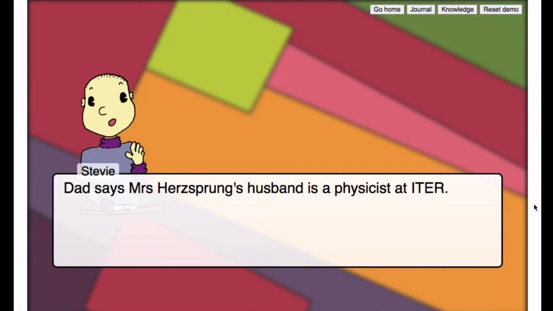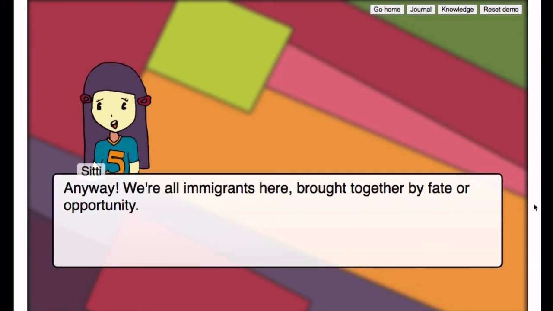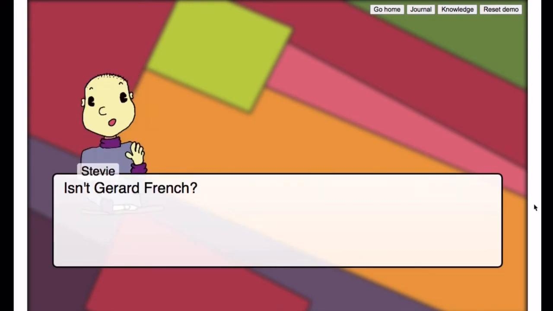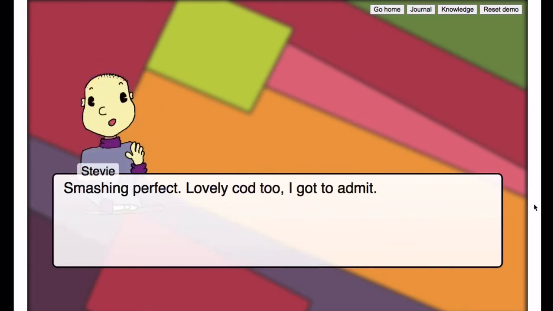That's as Mrs. Hertzsprung's husband is a physicist at ITER. Oh, cool. I bet he's busy with the plasma experiments starting now. Anyway, we're all immigrants here, brought together by fate or opportunity. Isn't Gerard French? He's one of us anyway. So, how were the French fries? Smashing perfect. Lovely cut too, I got to admit.